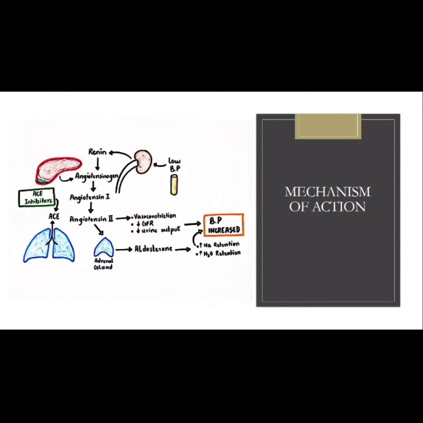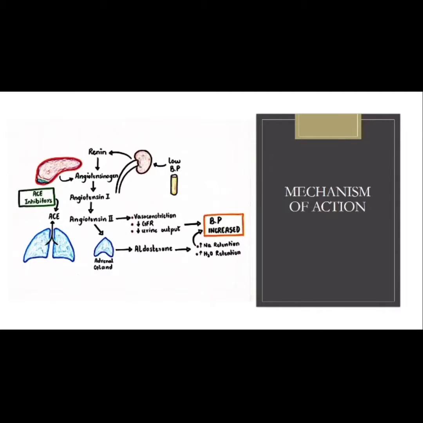Let me explain it. First of all, when there is low blood pressure in the body, renin is released from the kidneys. Now, renin causes the release of angiotensinogen from the liver, which is an inactive compound. Angiotensinogen is converted into the active compound angiotensin 1. Angiotensin 1 converts into angiotensin 2. Now, here angiotensin 2 performs two tasks.